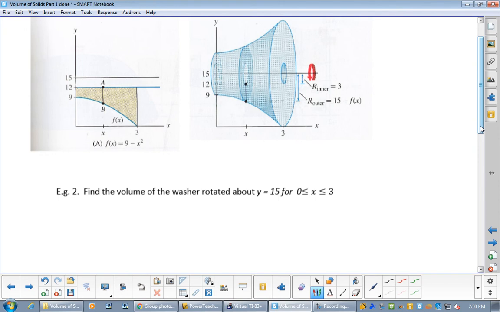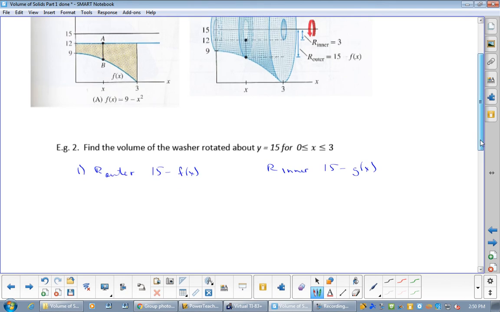Okay? So our radius outer, now since it's above, we're going to go 15 minus f of x, and our inner is 15 minus g of x.